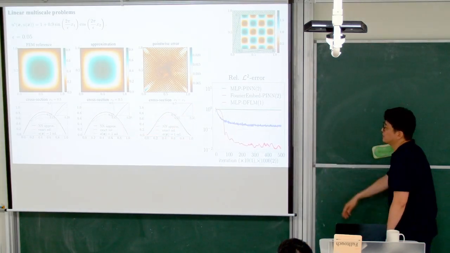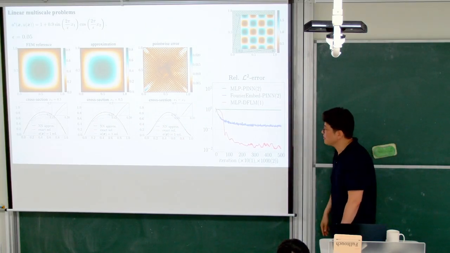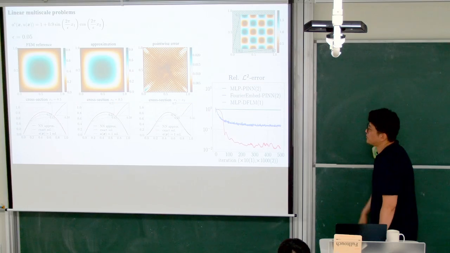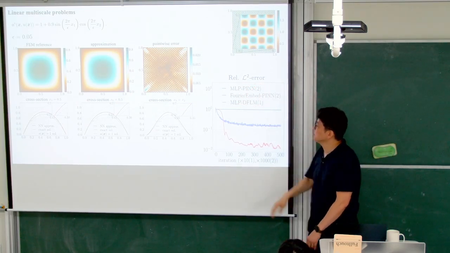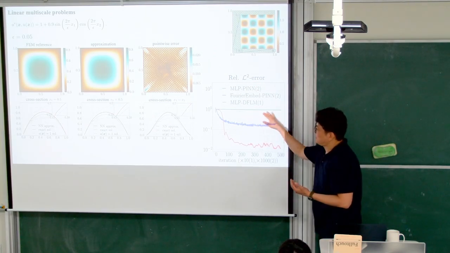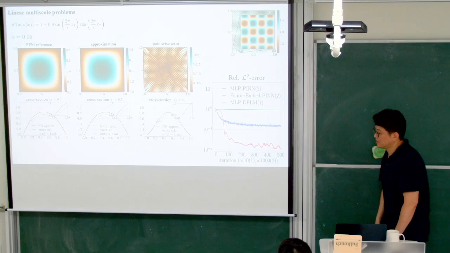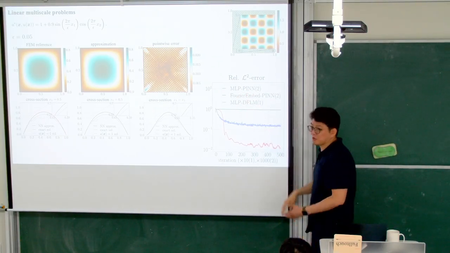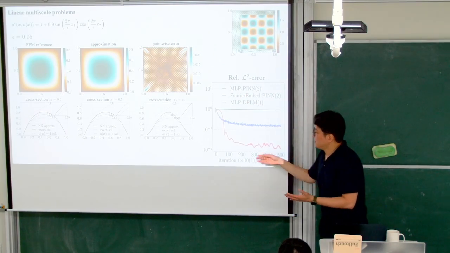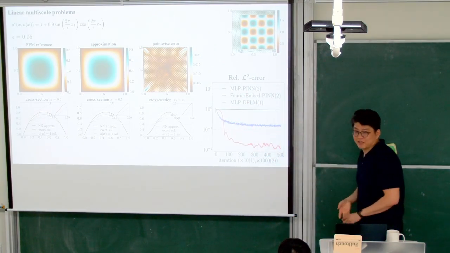And here's a comparison with the other methods. As you see, even a standard multilayer perceptron can solve it, and trying another very nice structure, it improved, but not enough.